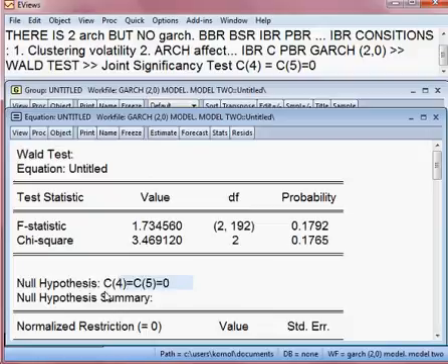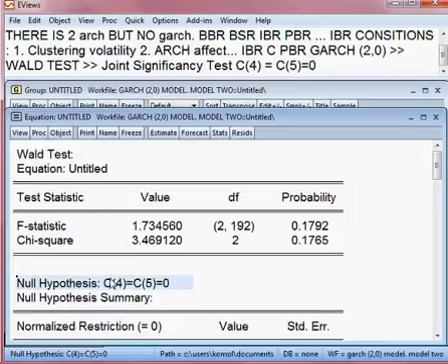Or in other words, ARCH1 and ARCH2 jointly cannot influence the volatility of the Indian bond return. So that is the null hypothesis.